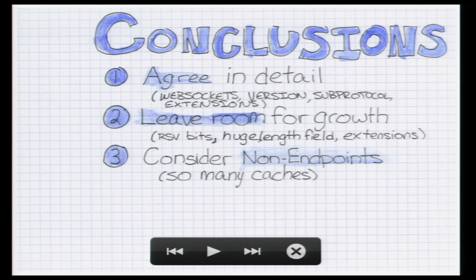And we can add new subprotocols of some new format, like if JSON or XML becomes popular, you could add a subprotocol that just says I'm going to be communicating only in JSON. So you can agree in great detail over the parameters of your WebSocket, and it's very specific what exactly you're agreeing to speak.